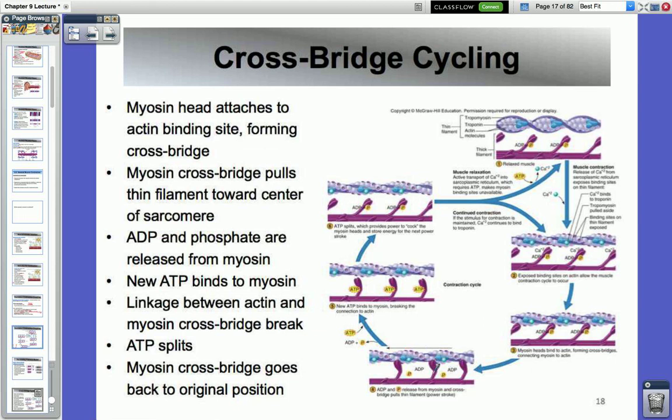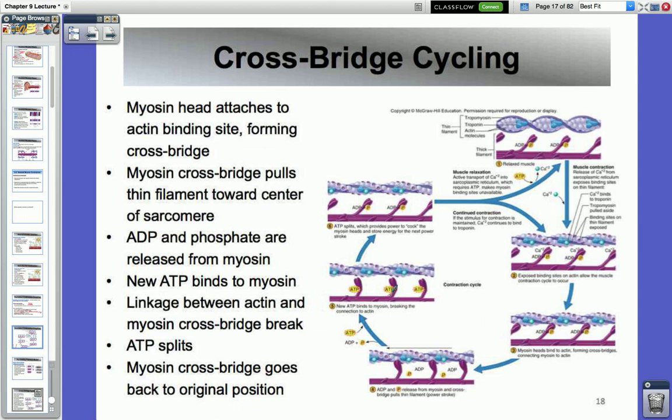And this is contraction, right? But we don't want our muscles to stay contracted. So we have to have something that is going to allow it to break the bond. The energy that we have to break the bond between the two filaments is going to be ATP. So ATP comes in.